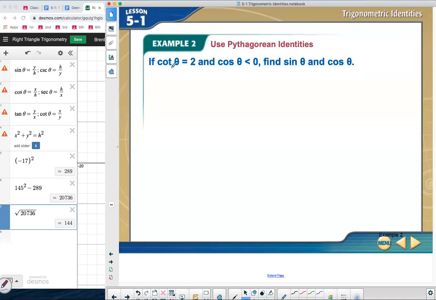So I'm going to give you a basic problem where we just do the Pythagorean theorem, and we'll apply the identity here in a moment. So cotangent equals 2. Cotangent's identity is x over y, so x over y is equal to 2. I'll make this a denominator of 1.